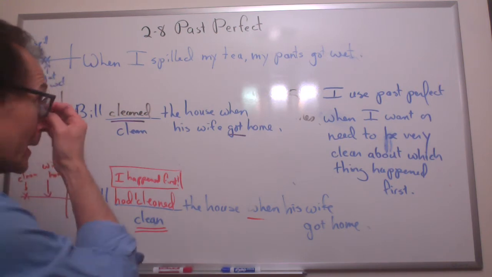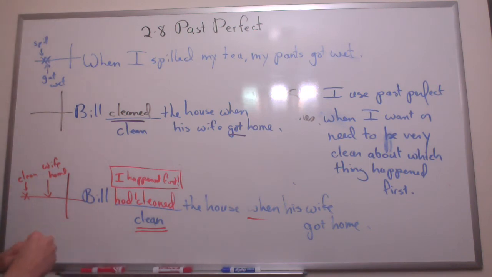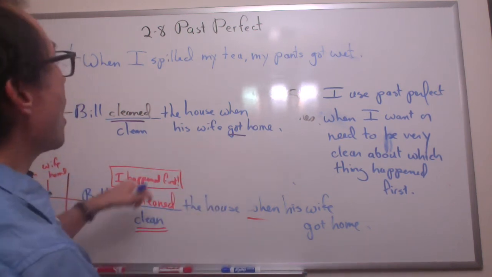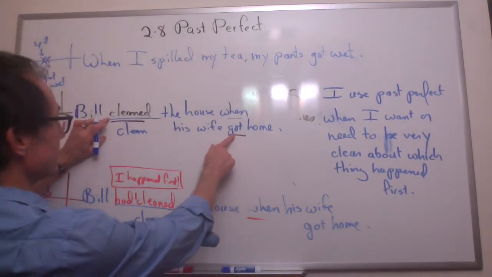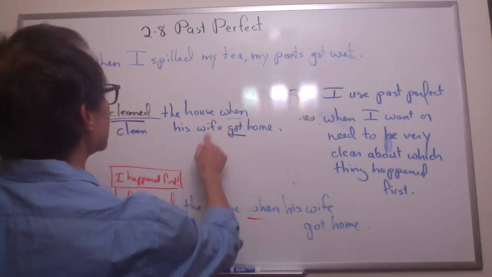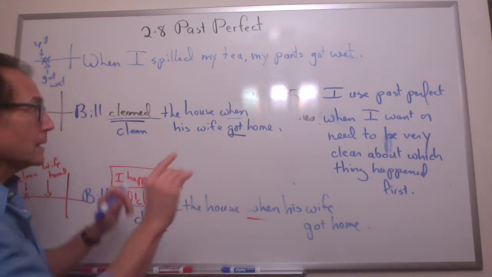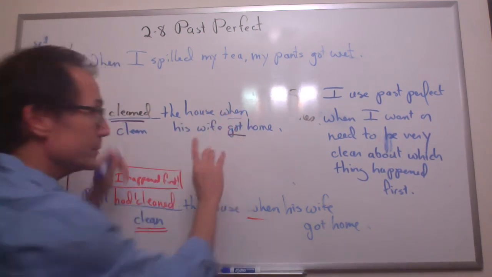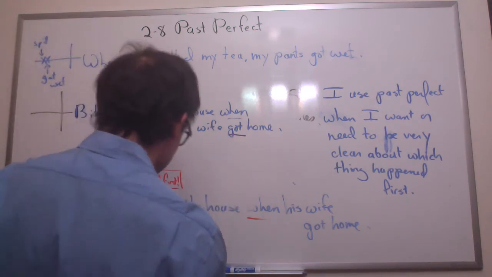Okay? So, if I say, Bill cleaned the house when his wife got home, I say, oh, here I have when, and they're the same tense. They're both simple past. So when I use when and two verbs, the same tense, the one with when happens a little bit first.